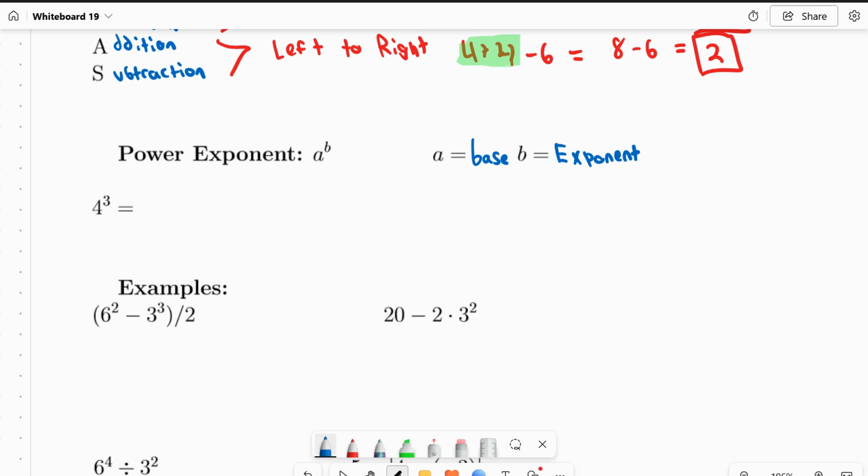So if I give you 4 to the third power, that would mean that I would multiply 4 by itself 3 total times. So 4 to the third power is just 4 times 4 times 4.